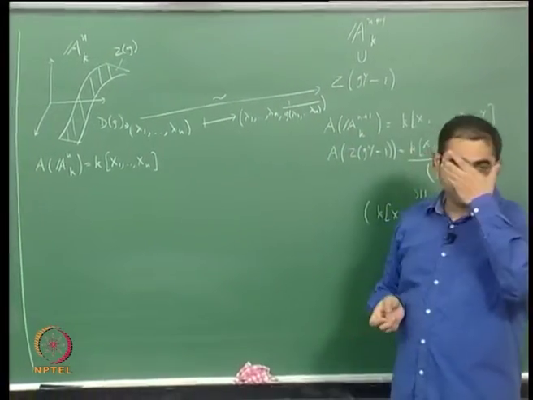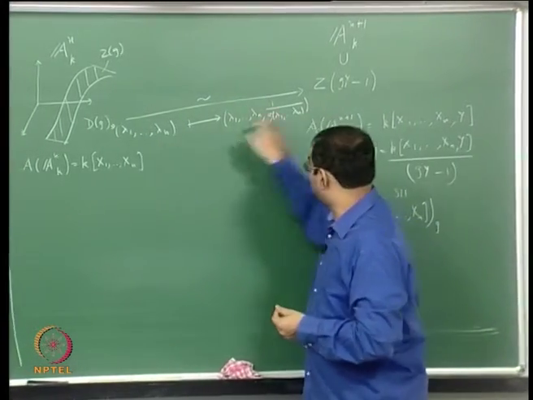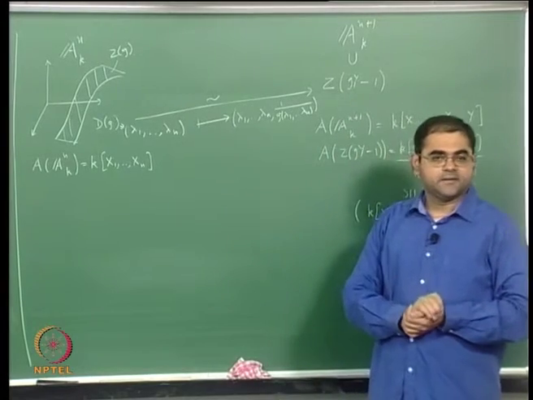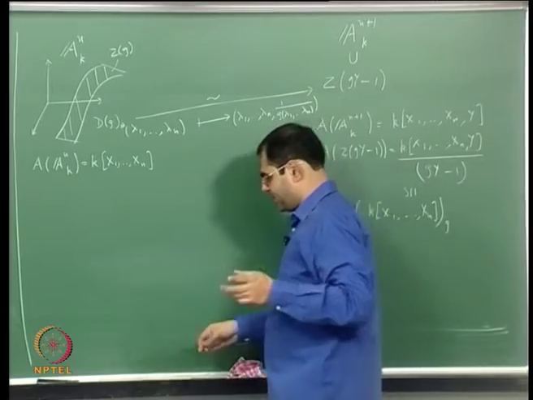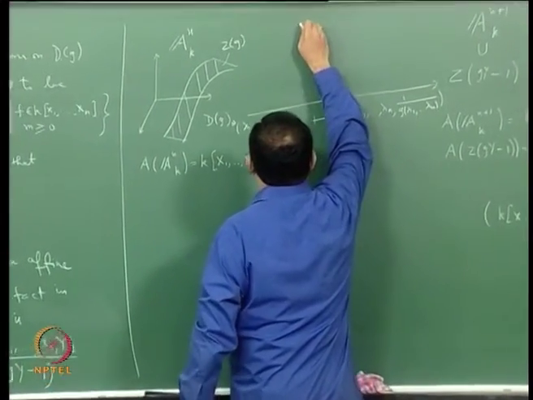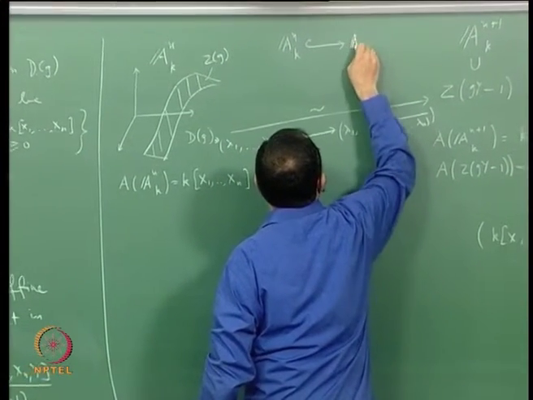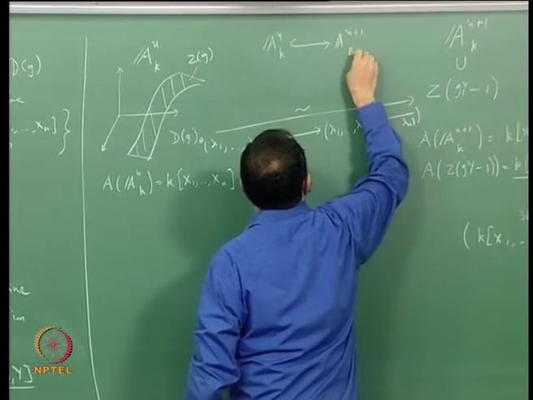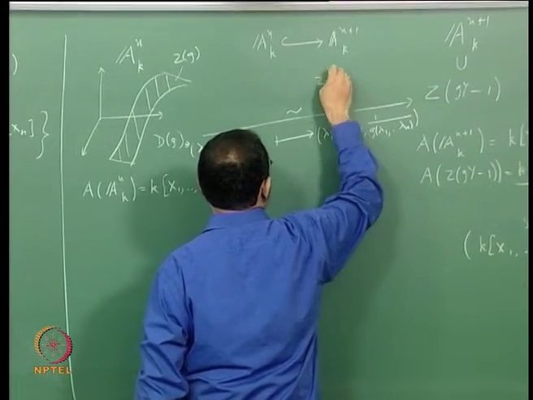And I told you it's a good exercise for you to check that this map is actually a homeomorphism. In fact, as I was trying to point out in the last lecture, A^n(k) sits inside A^(n+1)(k) as a subset which is given by the zero set of y.